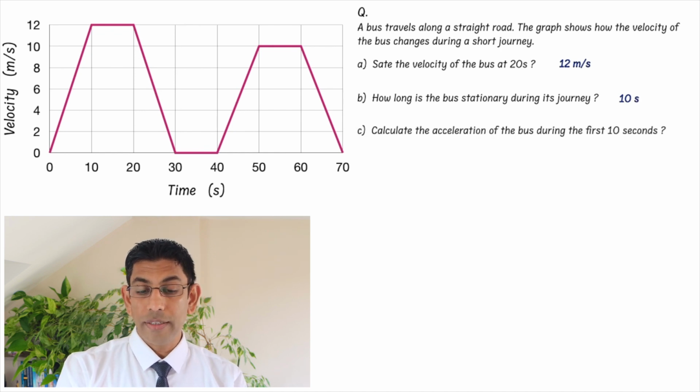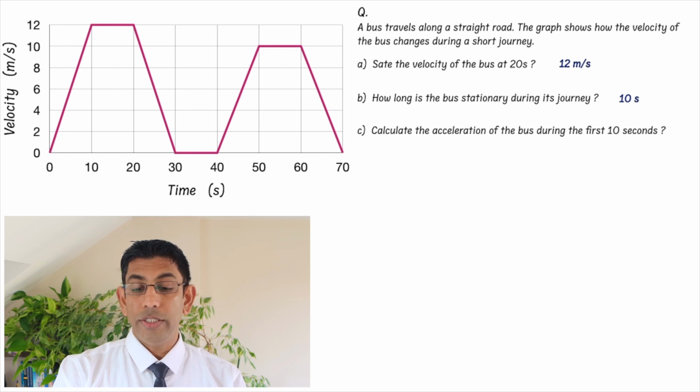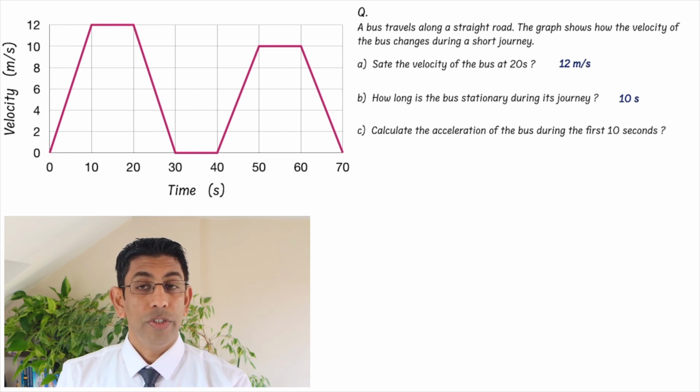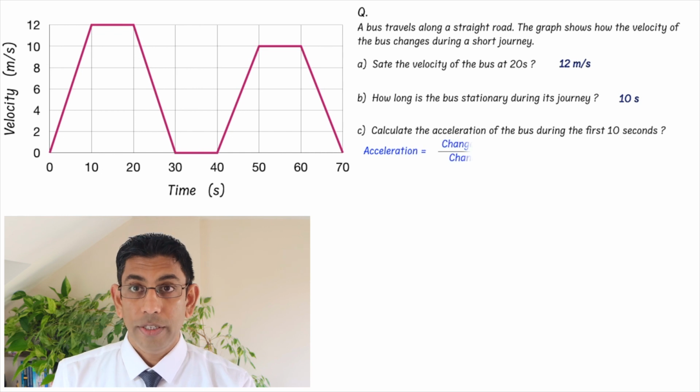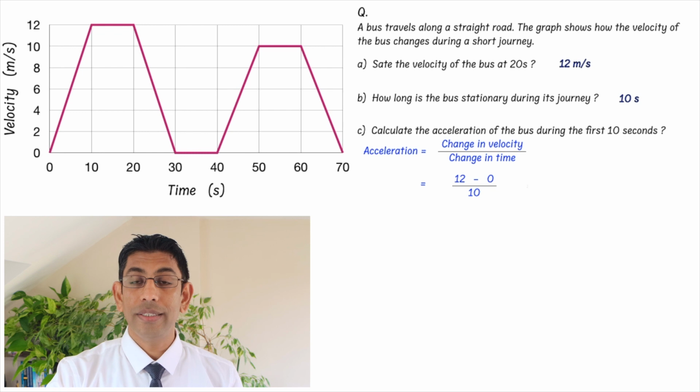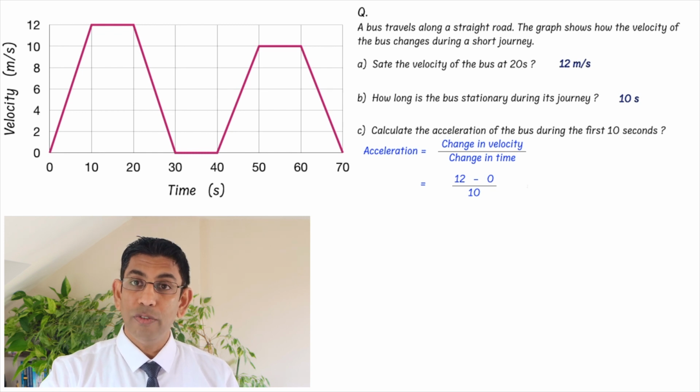Question C, calculate the acceleration of the bus during the first 10 seconds. The equation for acceleration is change in velocity over time. So for the first 10 seconds, what is the change in velocity?